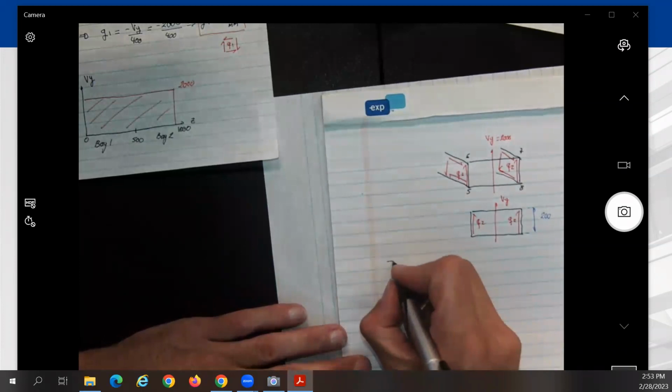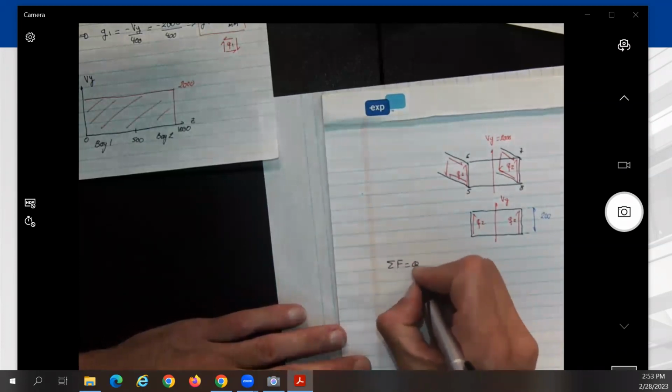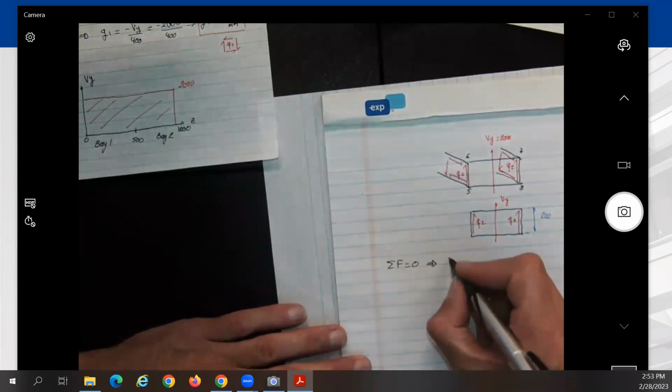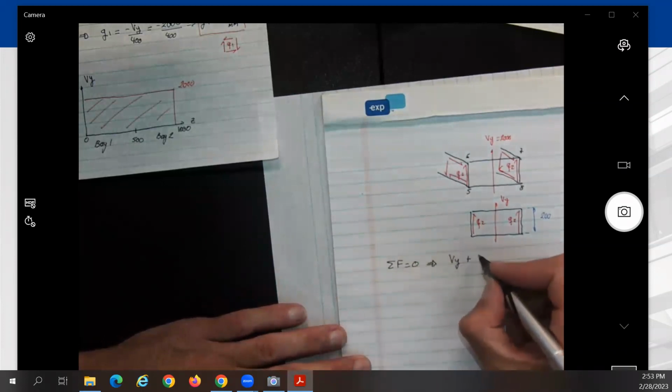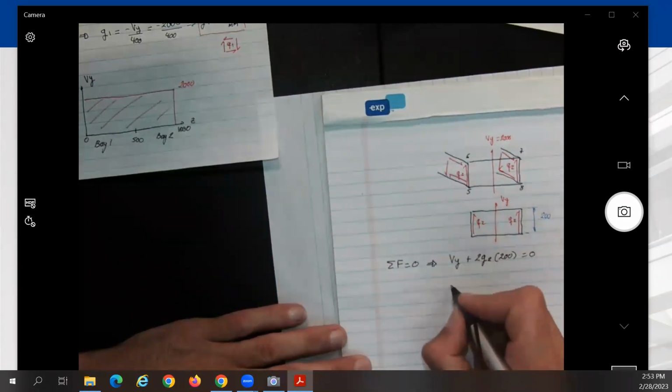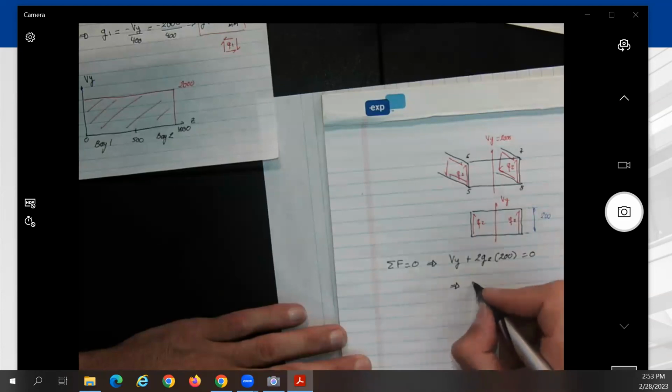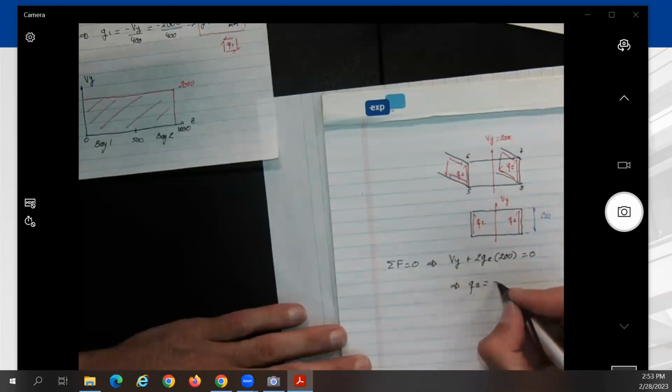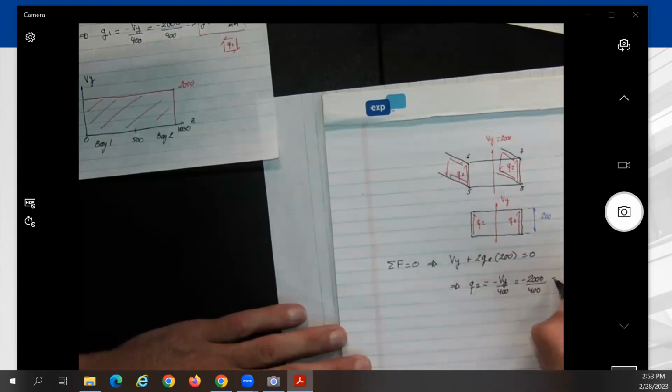As before, we just do summation of forces. It's identical as before. This will give Vy plus 2 times Q2 times 200 equal to 0, which will give Q2 equal to minus Vy over 400, equal to minus 2000 over 400, which means that Q2 equals Q1 equals negative 5 newtons per millimeter.